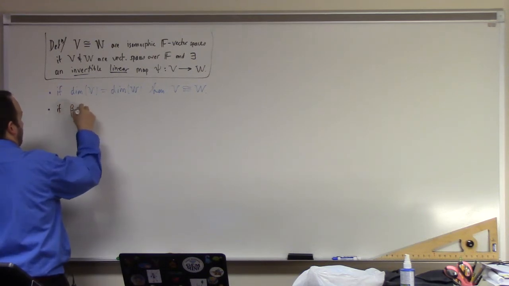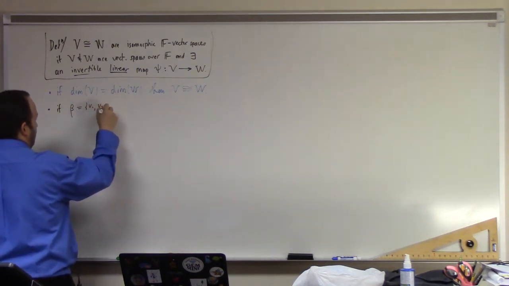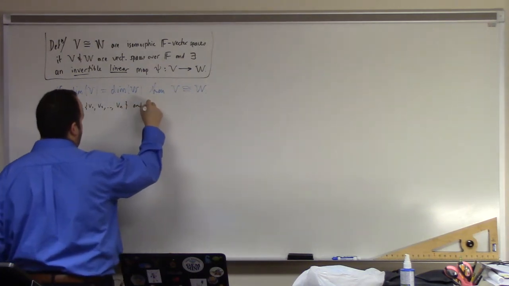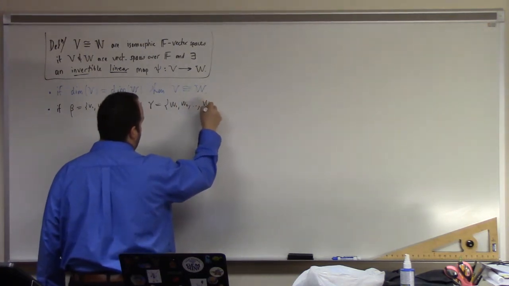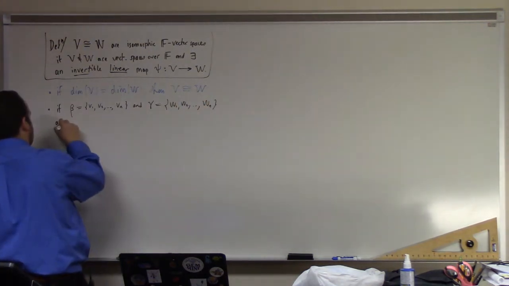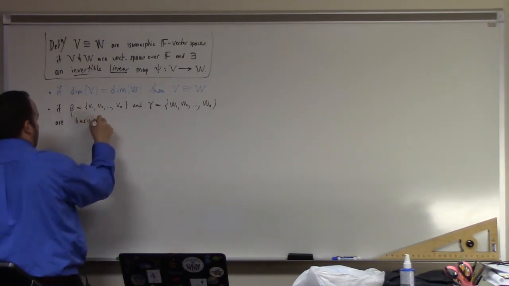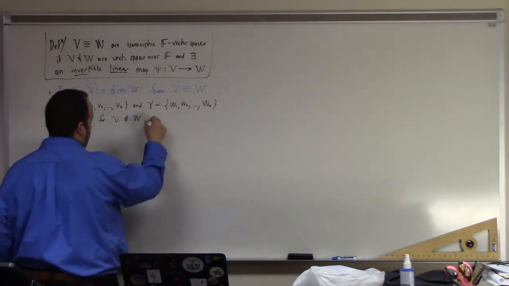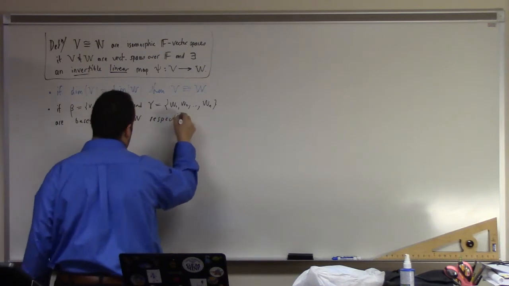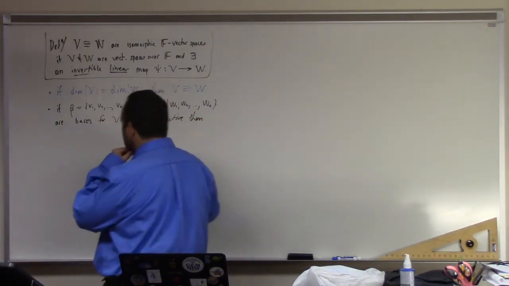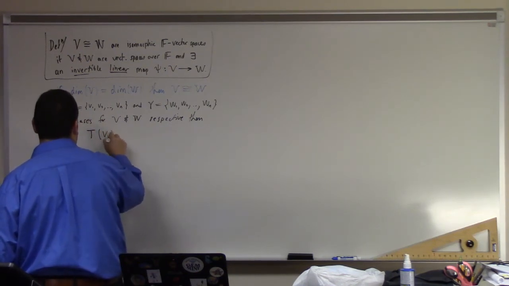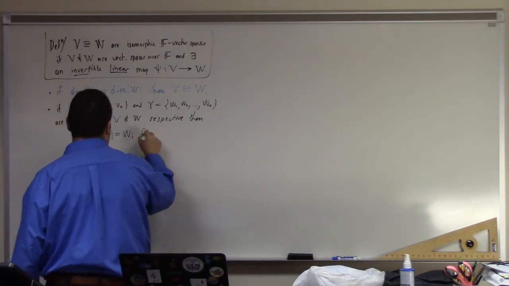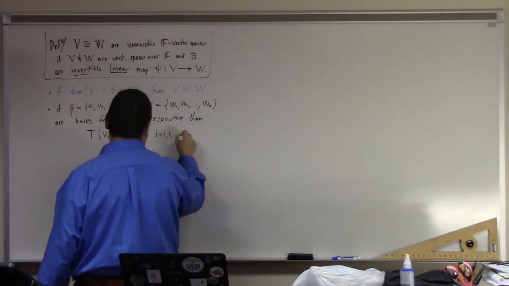If beta is equal to V1, V2, ..., Vn, and gamma is W1, W2, ..., Wn, are bases for V and W respectively, then say T of Vi equals Wi for i equals 1, 2, ..., n, right?